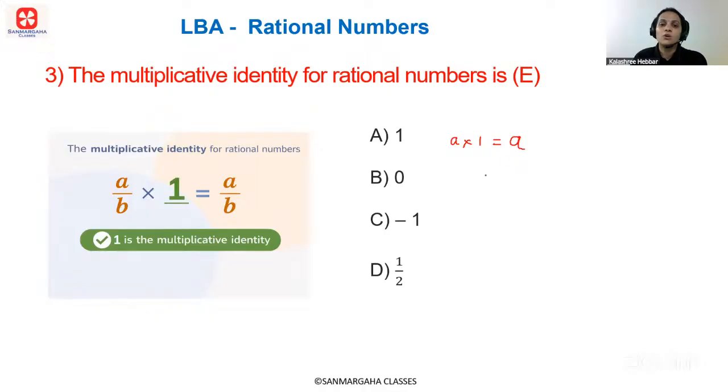So 1 is known as the multiplicative identity. For example, 2 by 3 into 1 is equal to 2 by 3 only. So the multiplicative identity for rational numbers is 1. Option A is the correct answer.